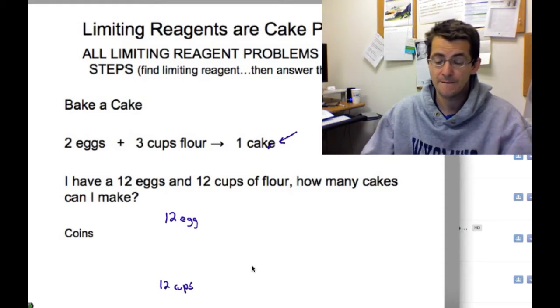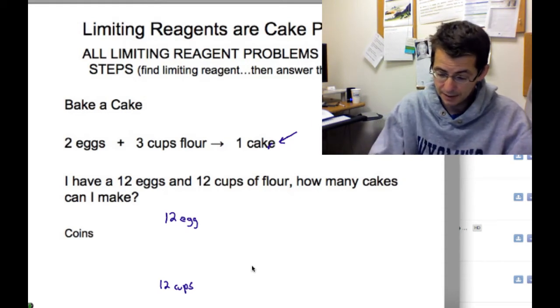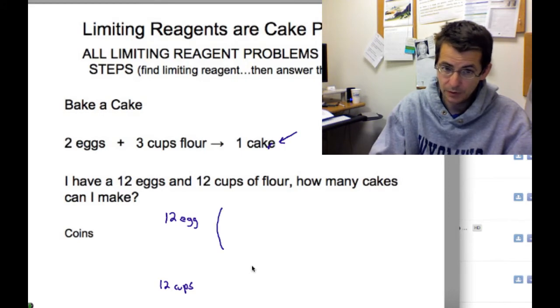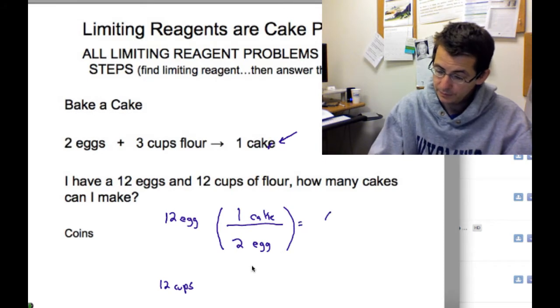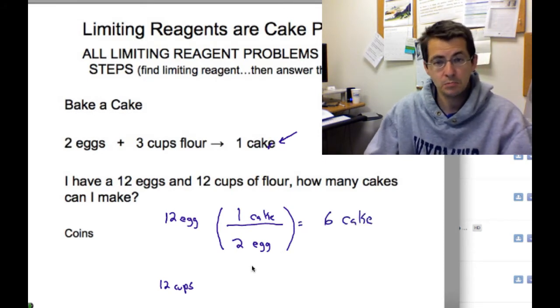Well, using the 12 eggs, we know that for every 2 eggs, that is equivalent to 1 cake, giving us the ability to make 6 cakes. Alright, not bad.